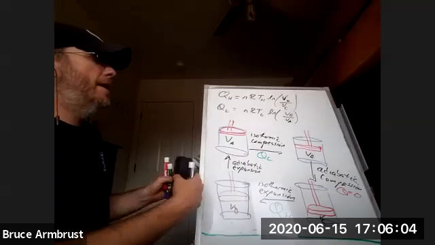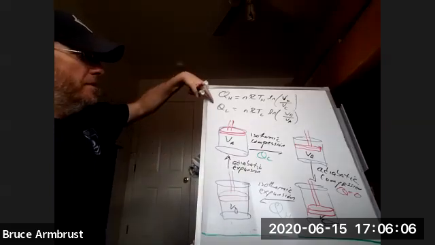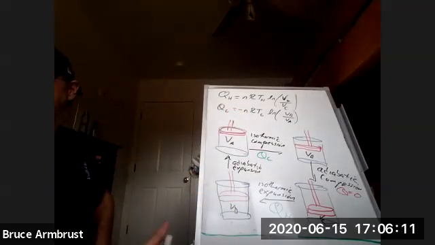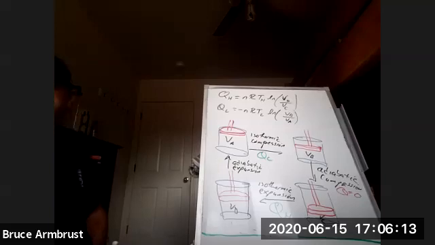All right. Now, it does turn out that the QC is negative. I'm going to put a minus sign on that because we're losing heat, right? It's heat that's being removed.